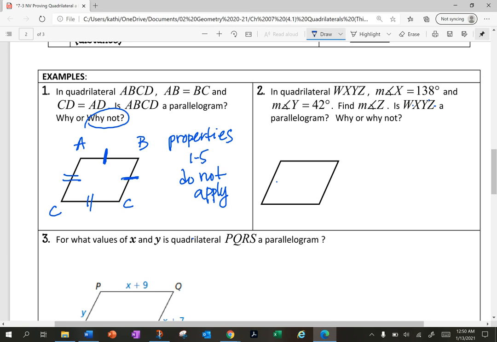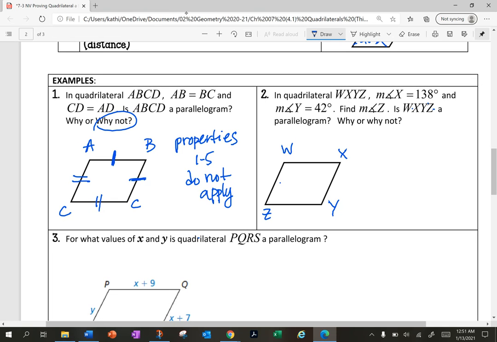All right, let's try number 2. In quadrilateral WXYZ, the measure of angle X is 138 degrees, and the measure of angle Y is 42 degrees.